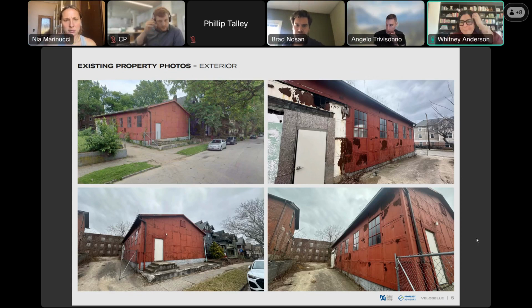Hi, Brad. Yeah, so I really appreciate some of the details with bringing the entrance over to the driveway. I think that's a really nice touch and brings the average pedestrian away from the existing residential.